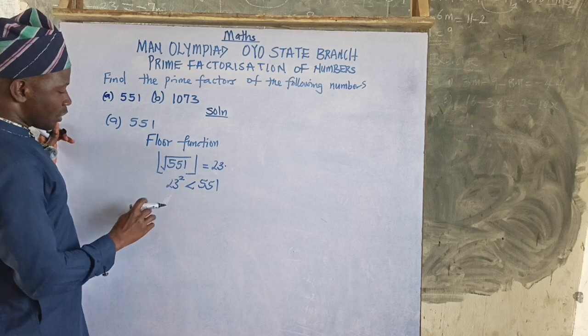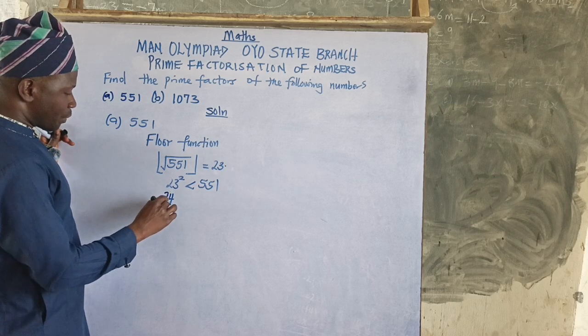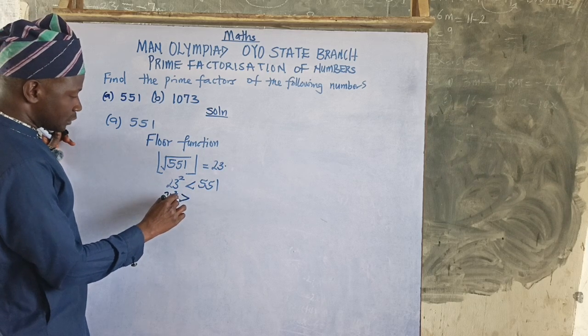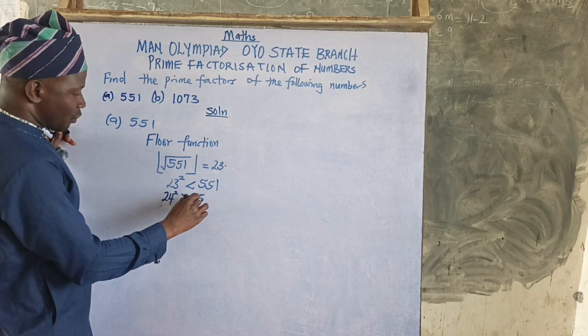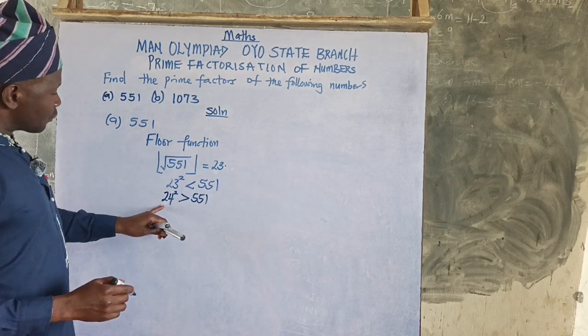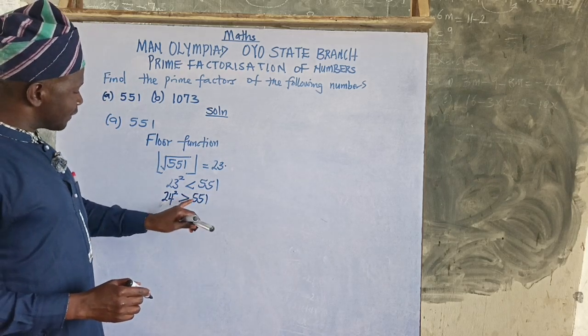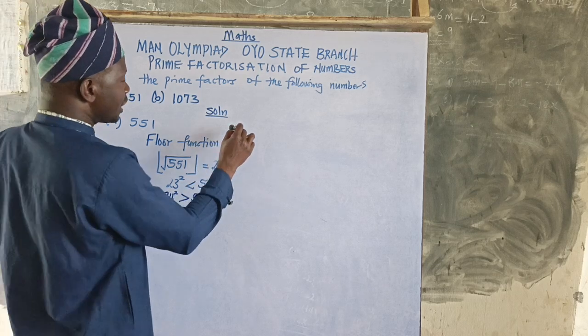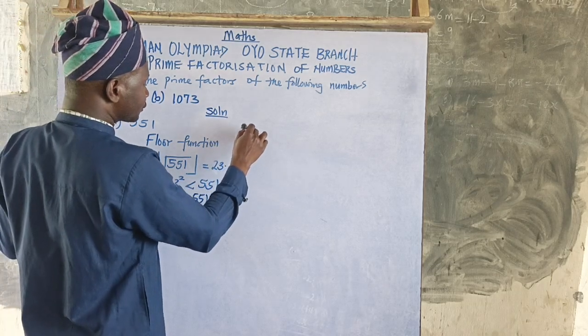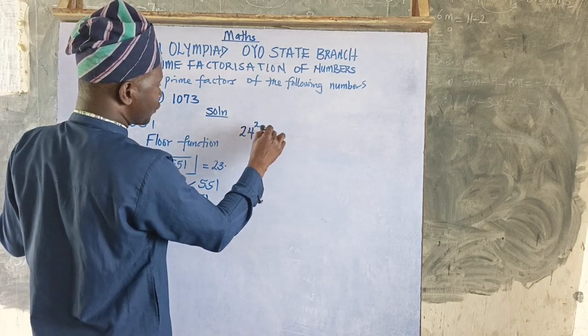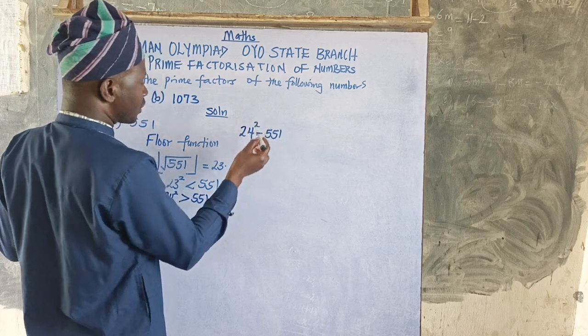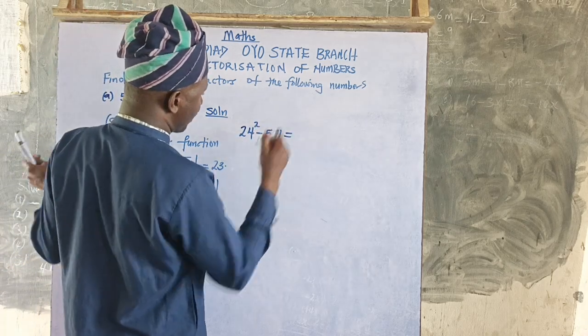When you determine the square of 24, that is 24 raised to power 2, it should be greater than 551. So if 24 squared is greater than 551, we can take away 551 from the square of 24, and we are going to obtain a number.